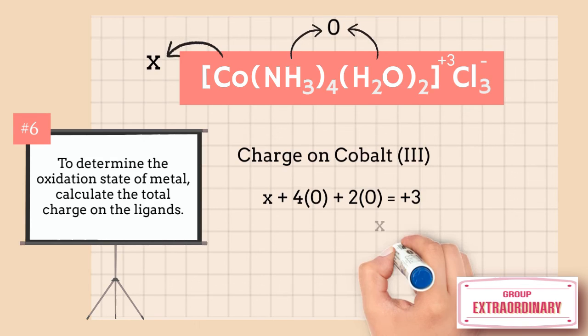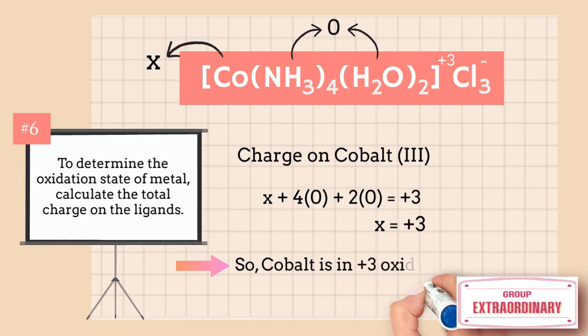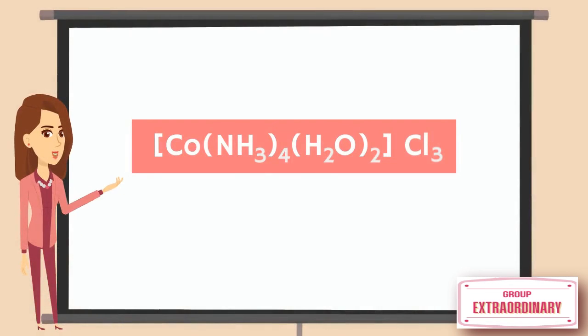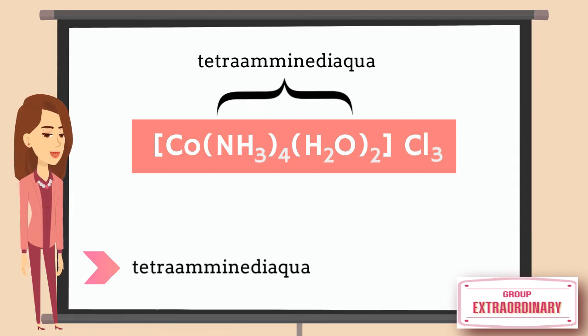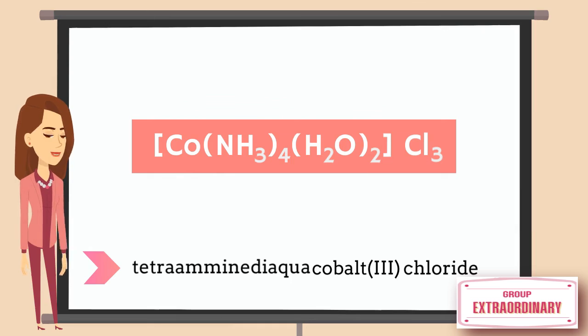And the answer we get for X is positive 3. So, cobalt is in the positive 3 oxidation state. Finally, we can put our counter ion, chloride, as the last part of naming our complex compound. In a nutshell, the name of the compound is tetraammine diaqua cobalt(III) chloride.